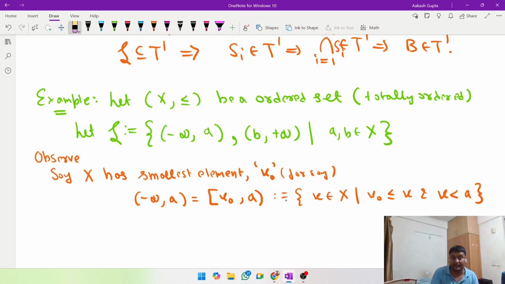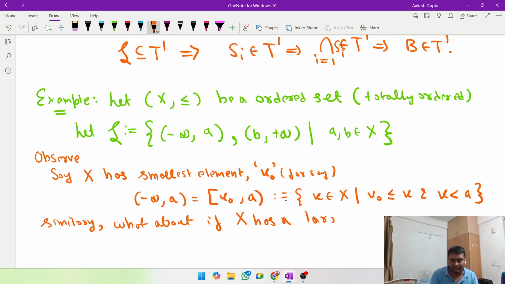Similarly, what about if X has a largest element? Not a, X has a largest element. Similar things you have to observe, and I'm leaving that as an exercise.